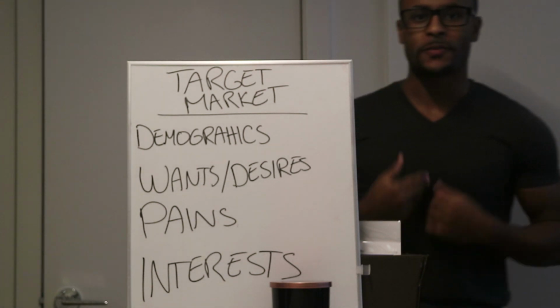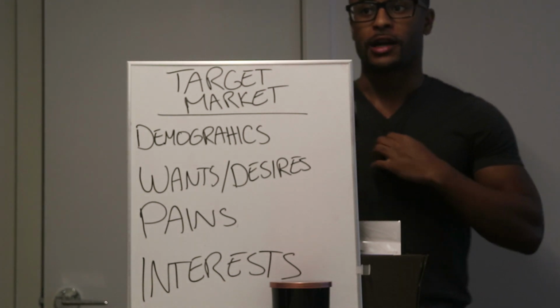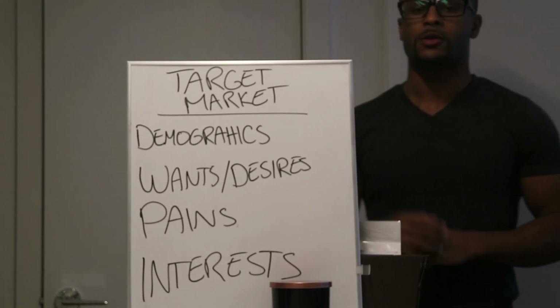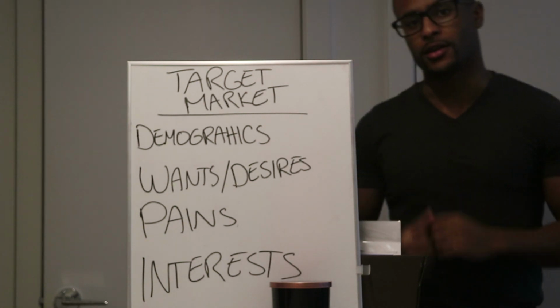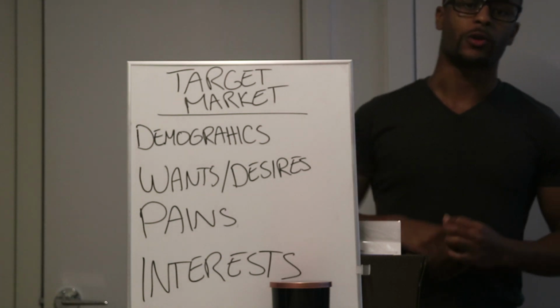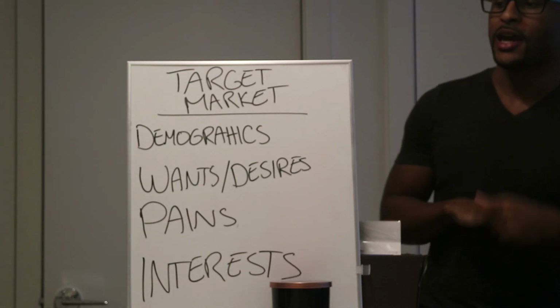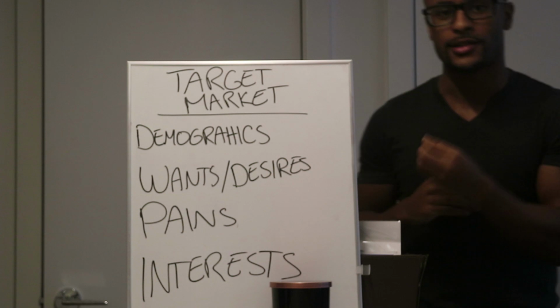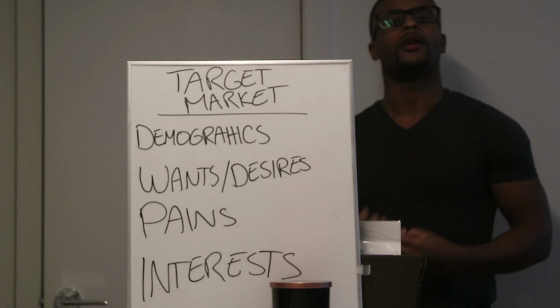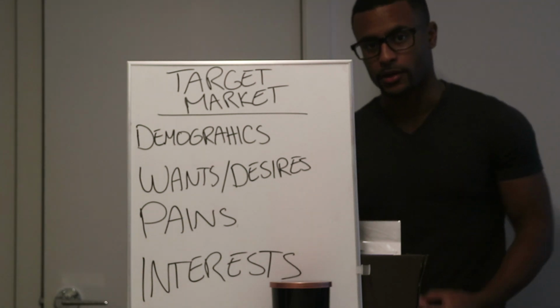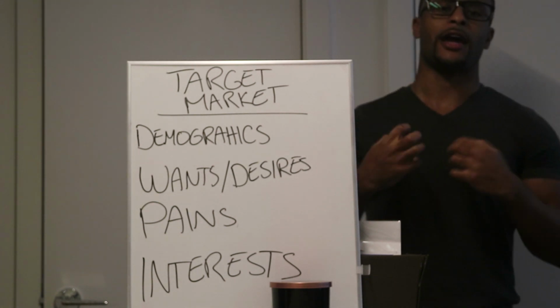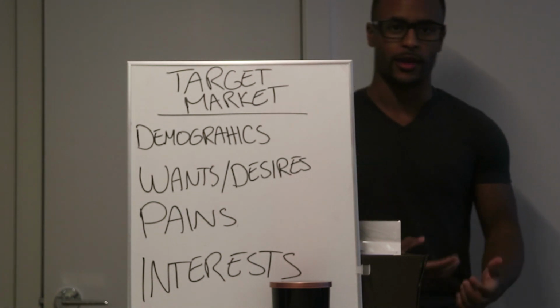And lastly, you want to know what it is that they are interested in. The reason for that is because it makes your copy way more relatable. We're going to talk about copy and how to write good copy later on into this course. But just know that if you understand what it is that you're interested in, it lets them know that you understand them at a deeper level, and it makes them feel like that course truly is for them.